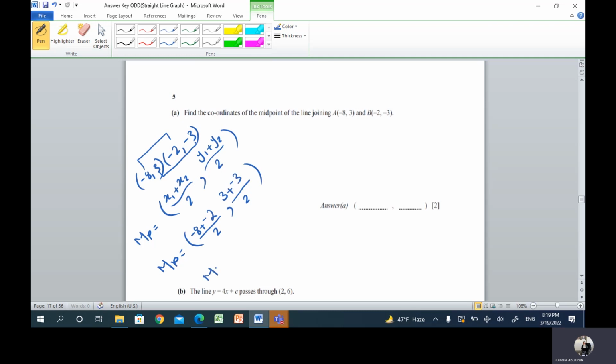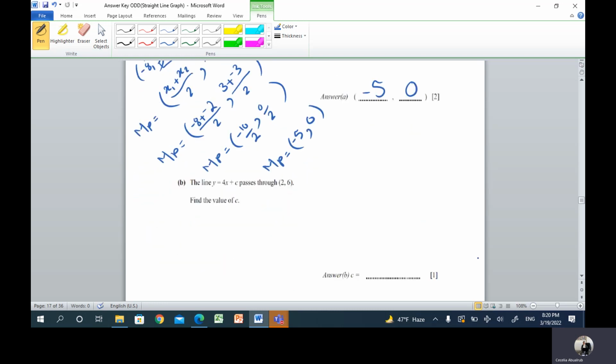So MP is equal to: -8 plus -2 means -8 - 2, which is -10 over 2. 3 plus -3 means 3 - 3, which is 0 over 2. So the midpoint is equal to (-5, 0).